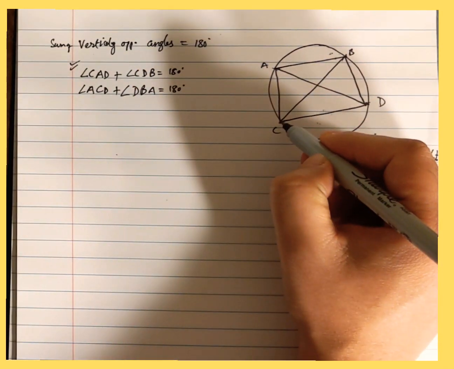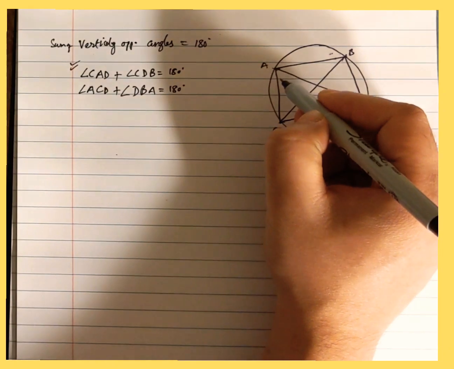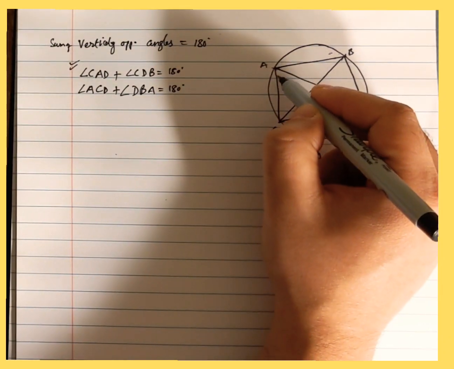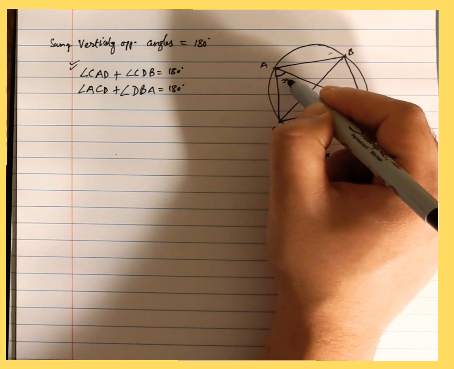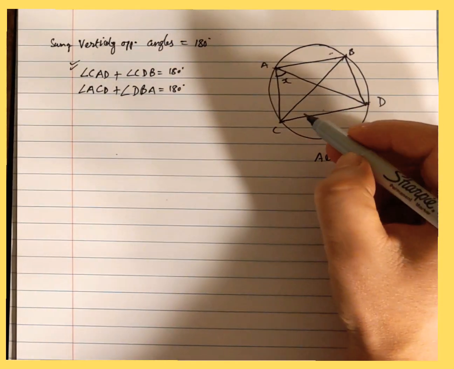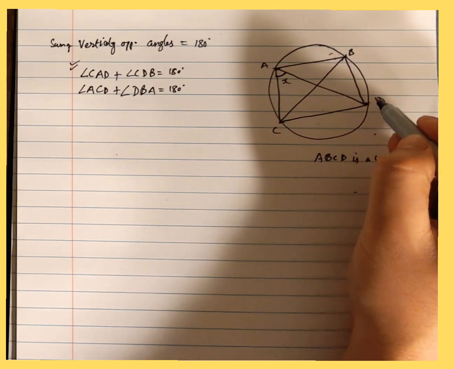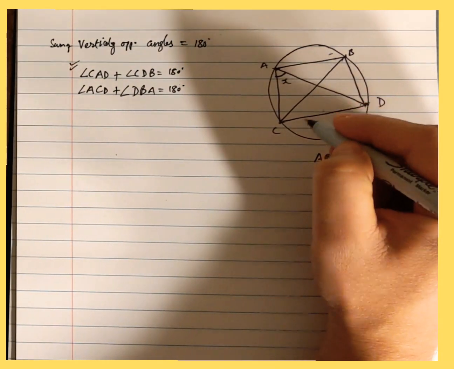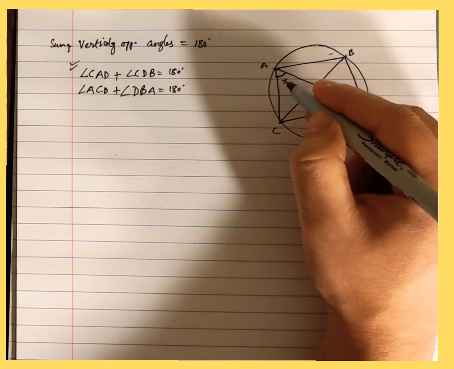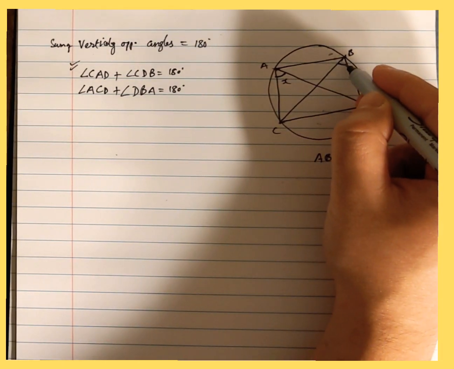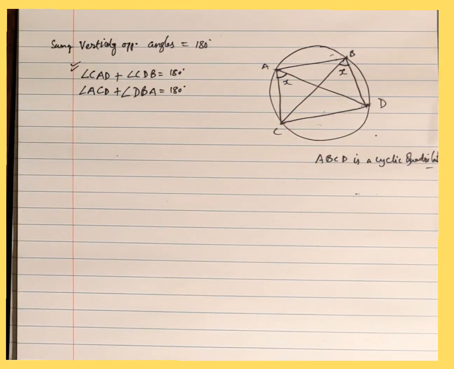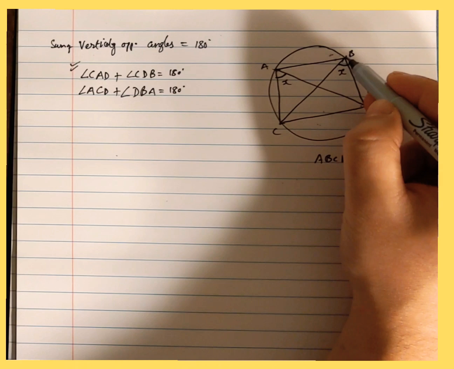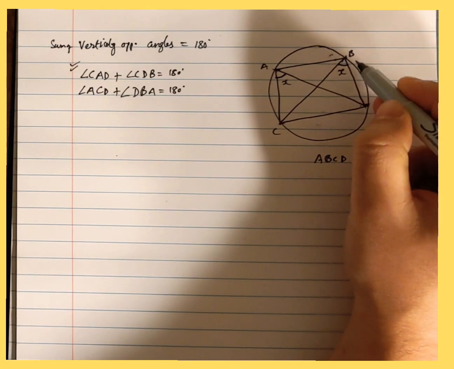So how do we prove that? CD is subtending angle CAD, right? So let's say it is X. If you look at angle CBD, because it's the same chord, or you can say the same arc subtending the angle here, therefore this also will be X. We know this property. Now consider this chord BD.